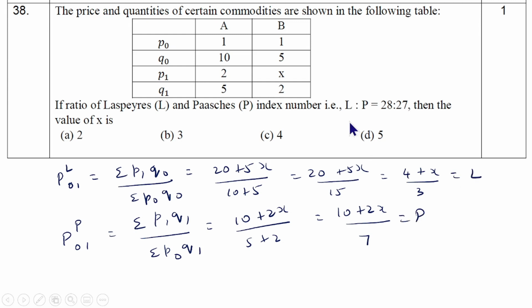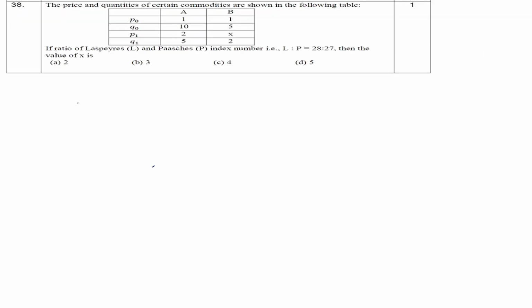So here this is L and this is P. It is given L is to P is 28 is to 27. So let me continue here. 4 plus X by 3 is to 10 plus 2X by 7. This is equal to 28 by 27.